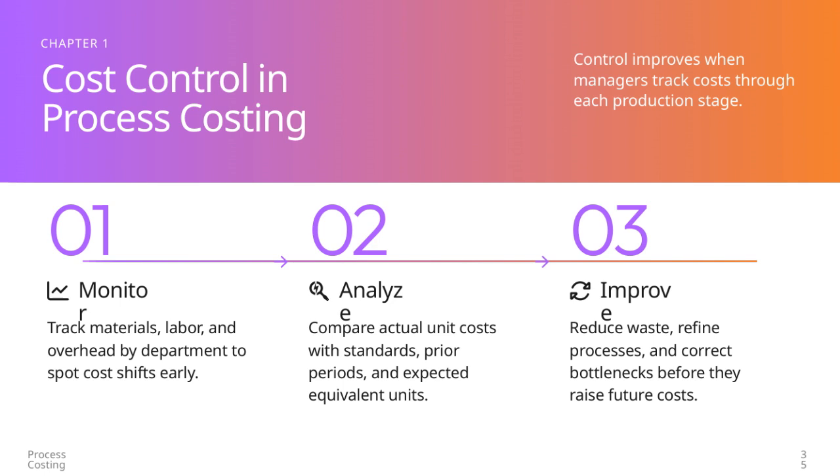Finally, the goal is to improve by reducing waste, streamlining processes, and addressing bottlenecks. By doing this, we can prevent higher costs from developing in the future, ensuring smoother and more cost-effective production overall. This continuous control through every production stage is key to managing costs effectively.